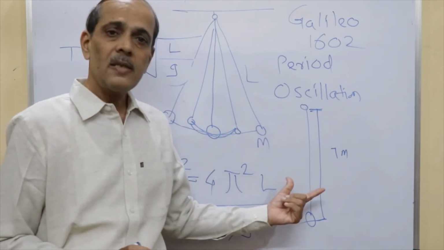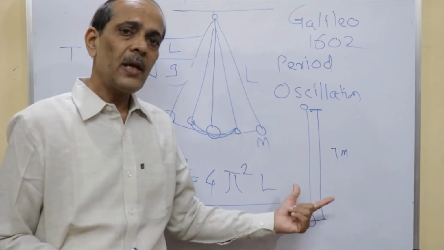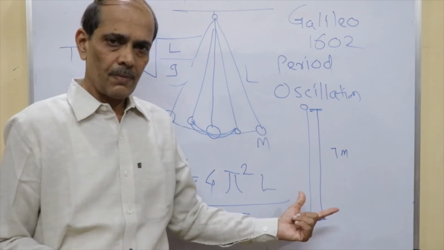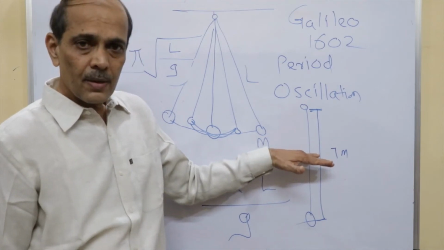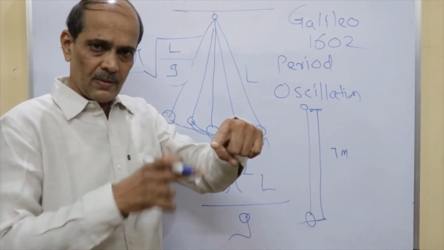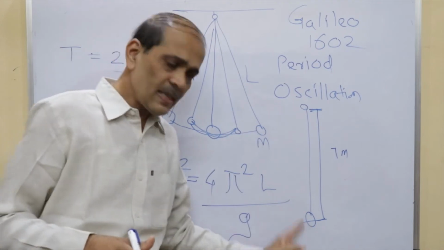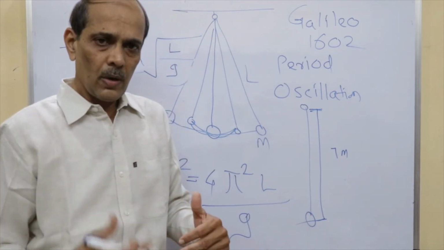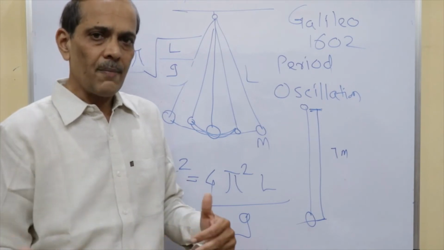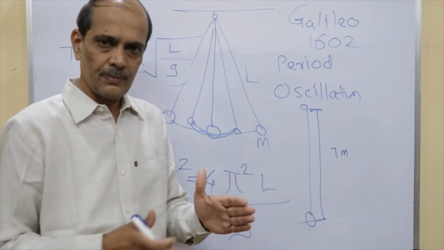So this is called a meter pendulum. So if I reduce the length, the oscillations will be fast. If I increase the length further, naturally it will be still slow. It will take more time to complete one oscillation.